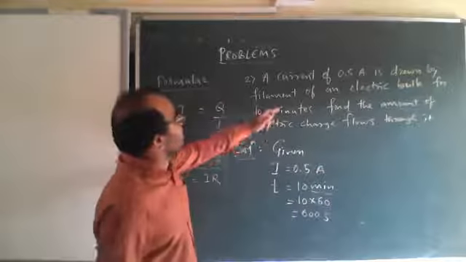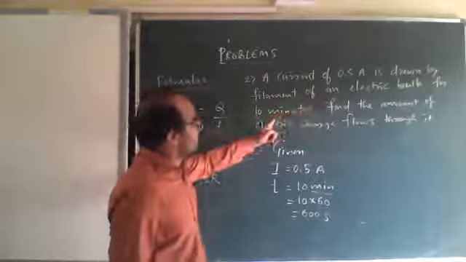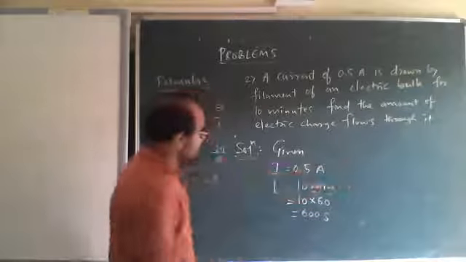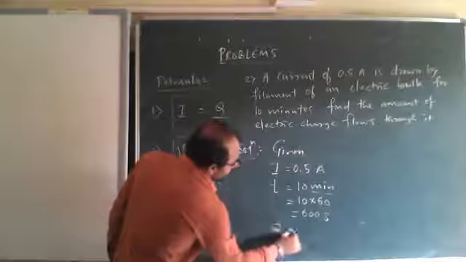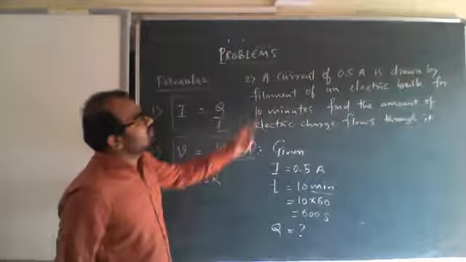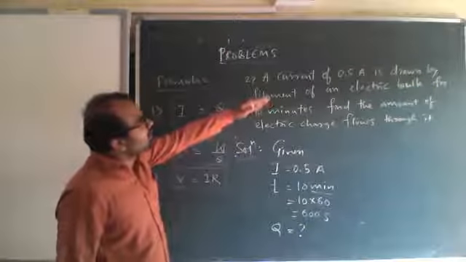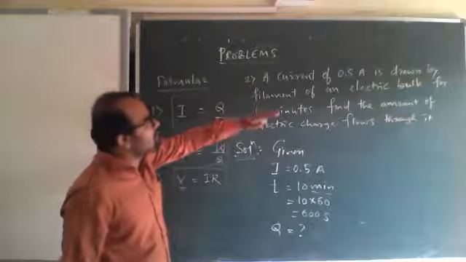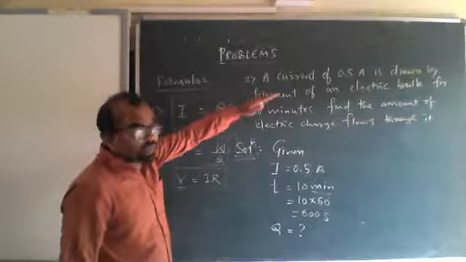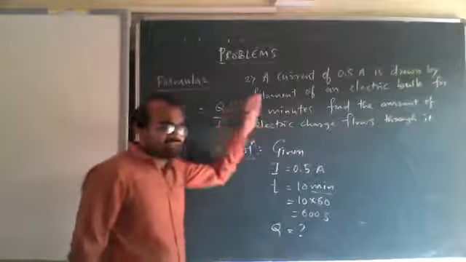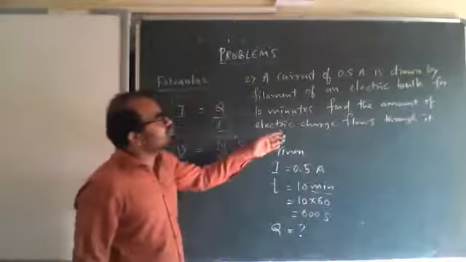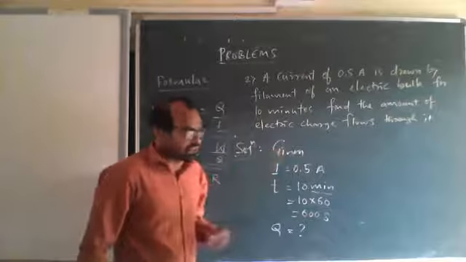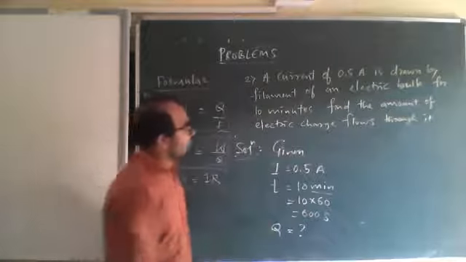Next, they have asked to find the amount of electric charge flowing through it. I need to find the electric charge. In one wire, a 0.5 ampere current is moving. That is, the electric bulb is drawing that 0.5 ampere of current for 10 minutes. I need to find the amount of charge flowing in that circuit. What is the Q formula?